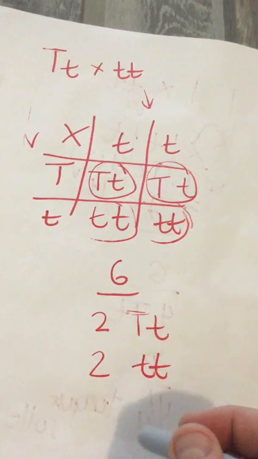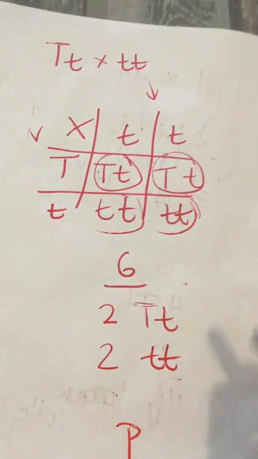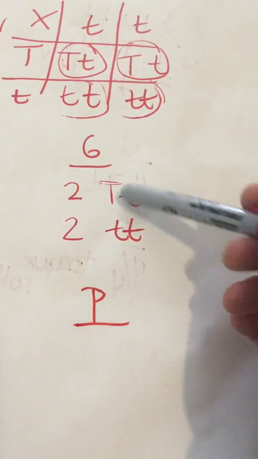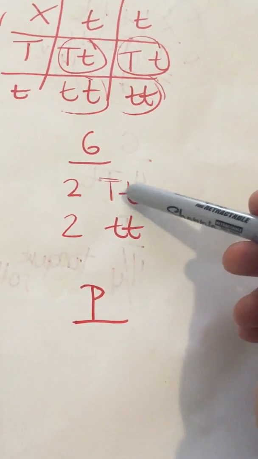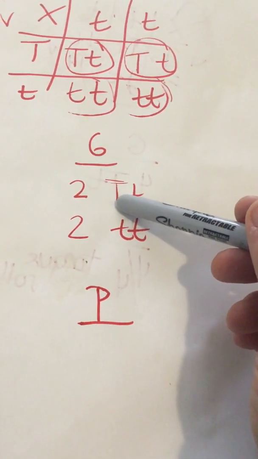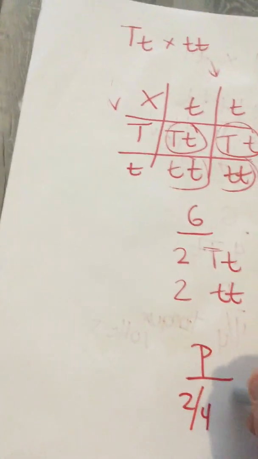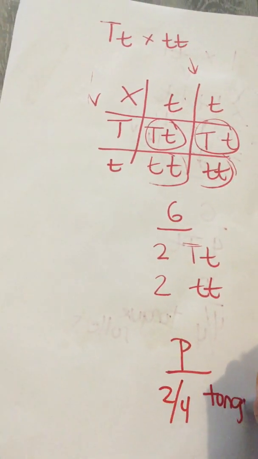And then for our phenotypes, we've got to look at these two genotypes and figure out what trait these people are going to show. Well, you have a big T, little t. Since it has the dominant trait, we know that these two people will be tongue rollers. So 2 out of 4 chance that they will be a tongue roller.